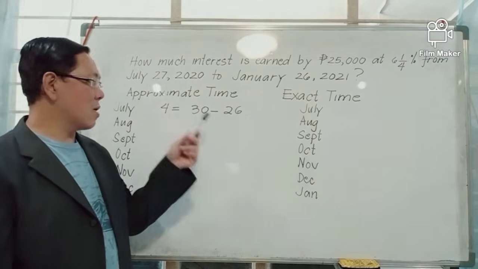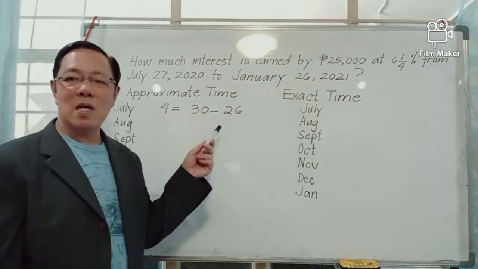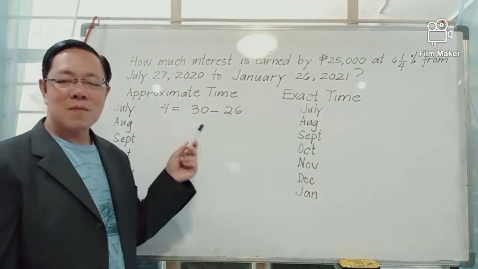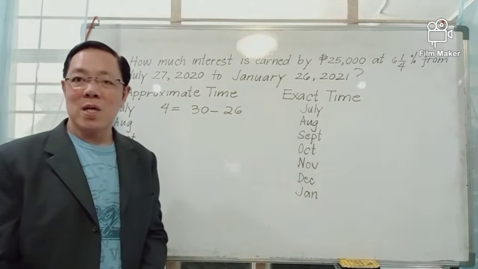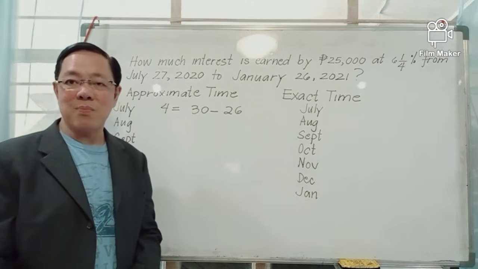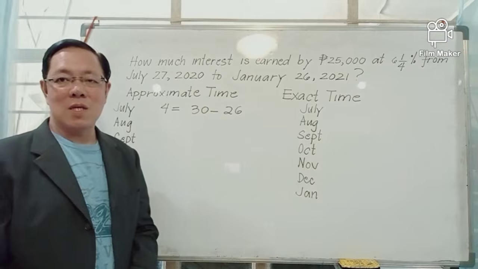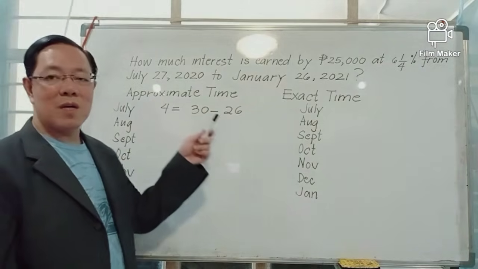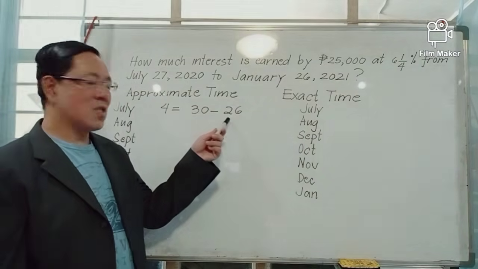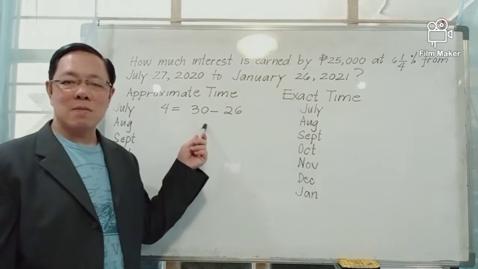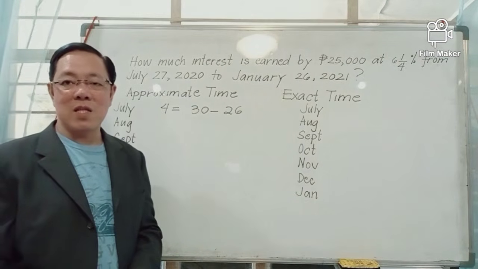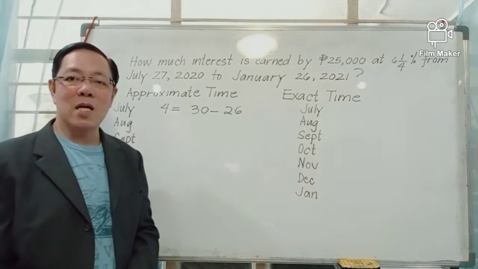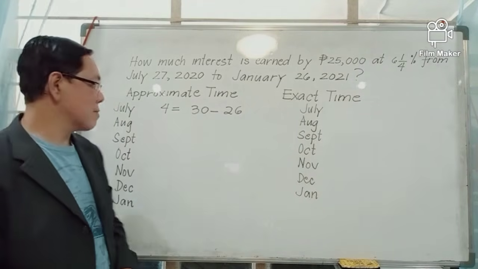Because if you subtract 27 from 30, you will get only 3 days, since 27 will not be counted. Thus, we subtract 1 from 27, we get 26. And we subtract 26 from 30, we get 4 days. There are 4 days for the month of July, from July 27 to July 30.